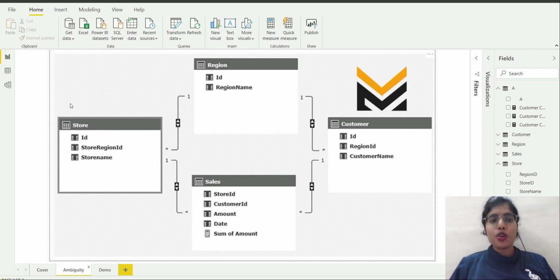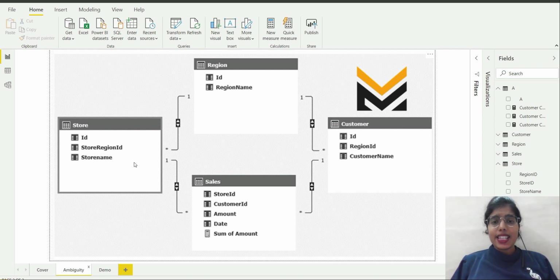Suppose I want to obtain the distinct count of customers by store name. In the rows section of a table, I have the names of the stores, and I want to know the distinct count of customers corresponding to each of those stores.